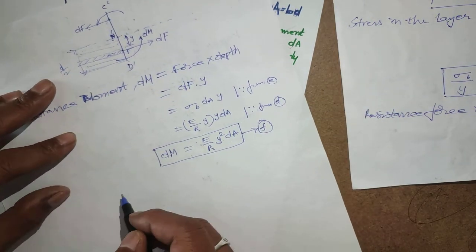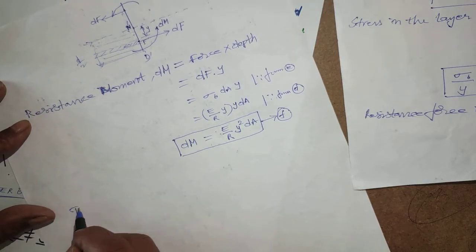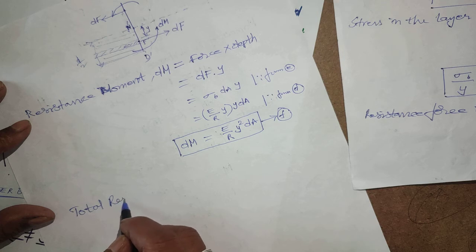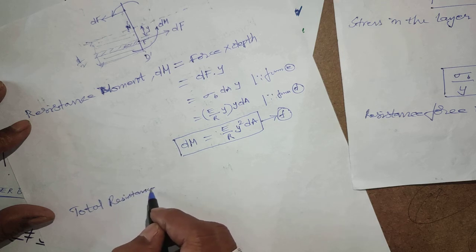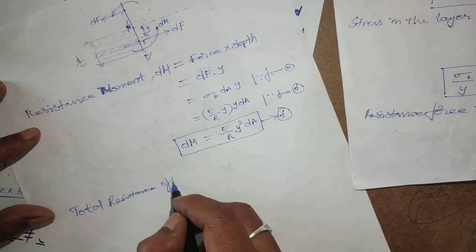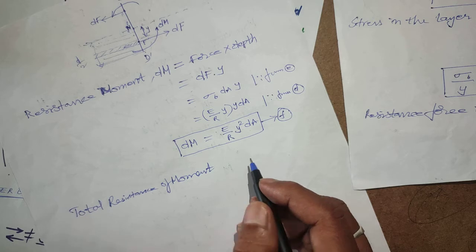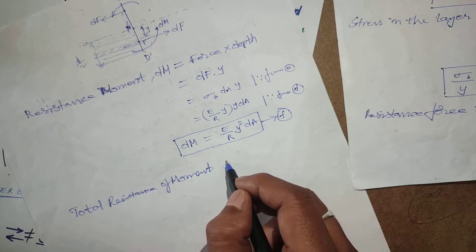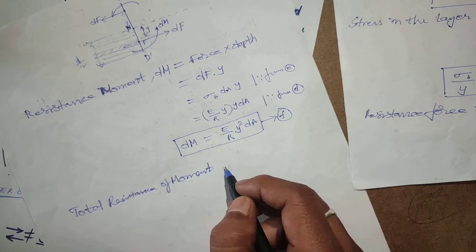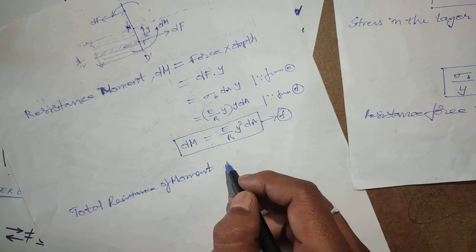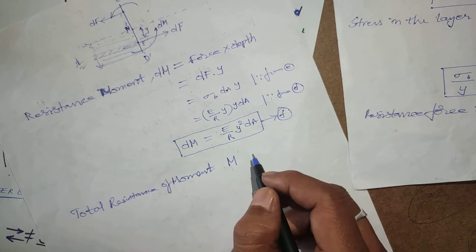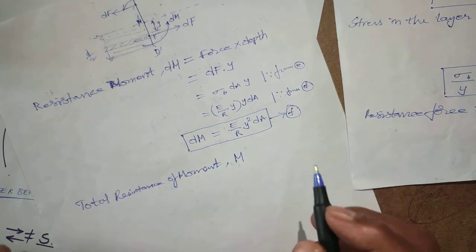Now to get the total moment of resistance, integrate both sides.